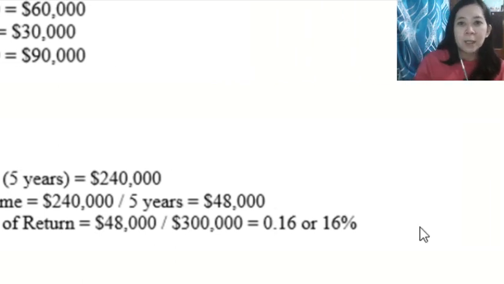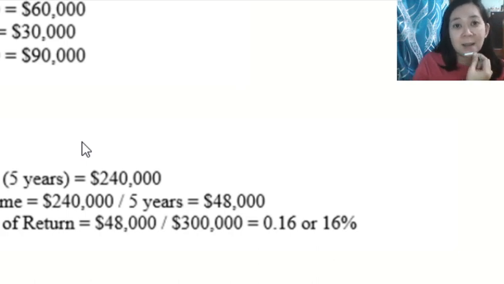How do you know if this project is acceptable or not? Our benchmark will be the cost of investment or the interest rate, for example. But normally, what we use is the cost of capital.